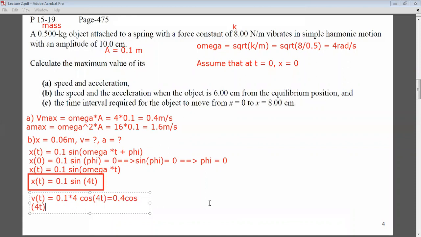Okay, this is another equation. And then for a of t, I have to take the derivative one more time. The 4 will jump outside, giving 1.6, and the derivative of cosine is minus sine. So I get a of t equals minus 1.6 sine 4t.